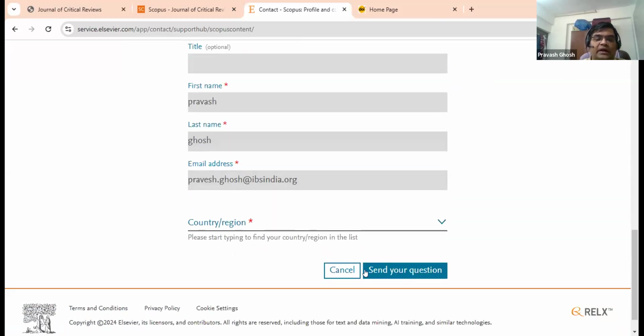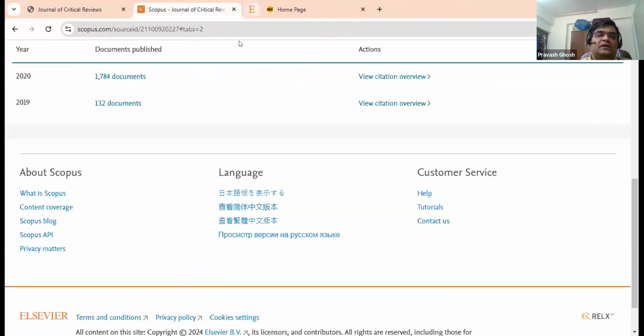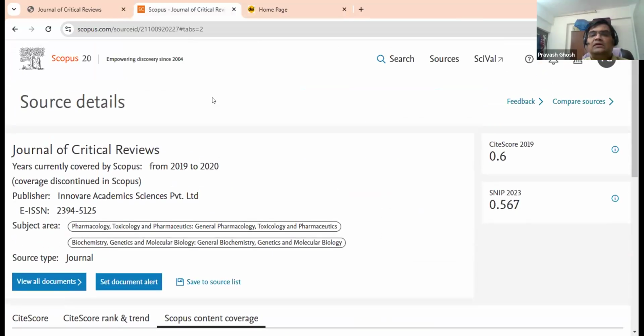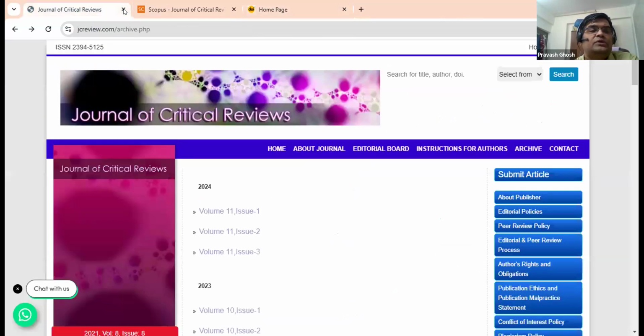You give your name, ID, send your question, and Scopus will reply. They will reply within 7 days that the journal is being delisted. So this is another method. So 3 methods I told you to check whether a journal is in the Scopus index or not. DOI also I showed you, this one, Journal of Critical Reviews.